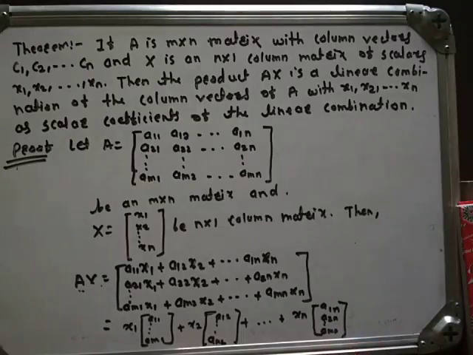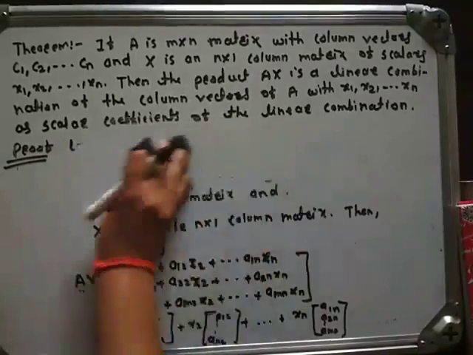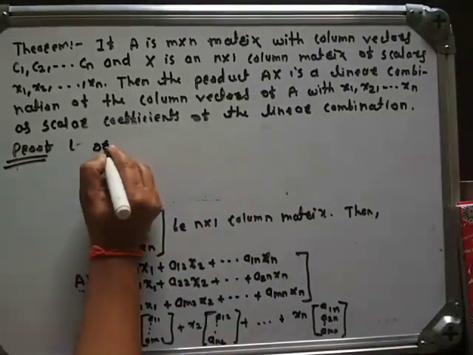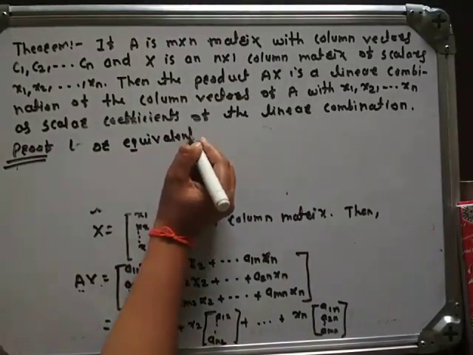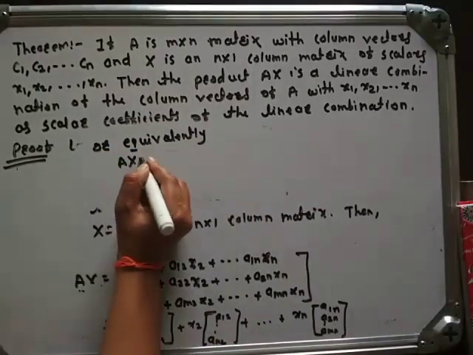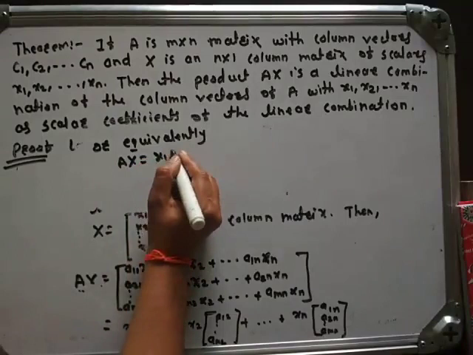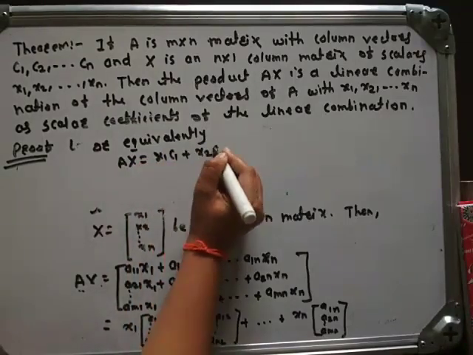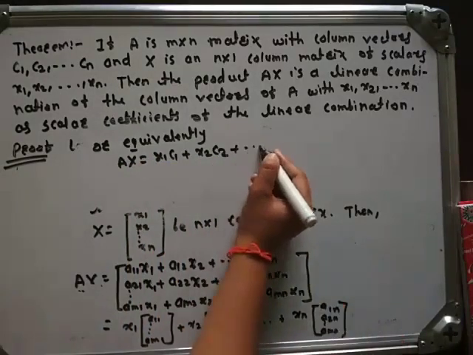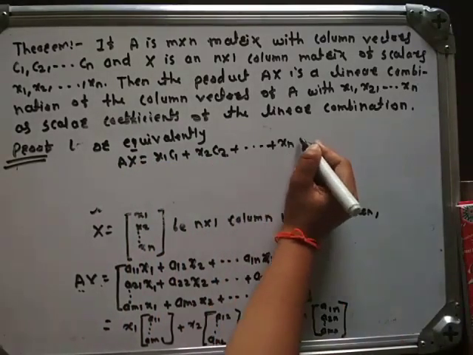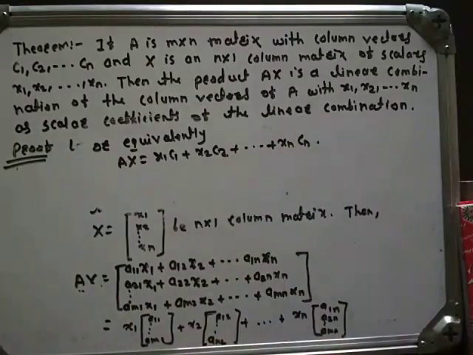Equivalently, A into X is nothing but x1 into C1 plus x2 into C2, where this column is C1, this is C2, and so on up to plus xn into Cn.